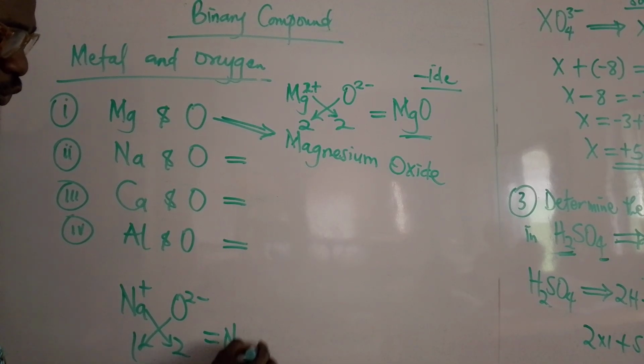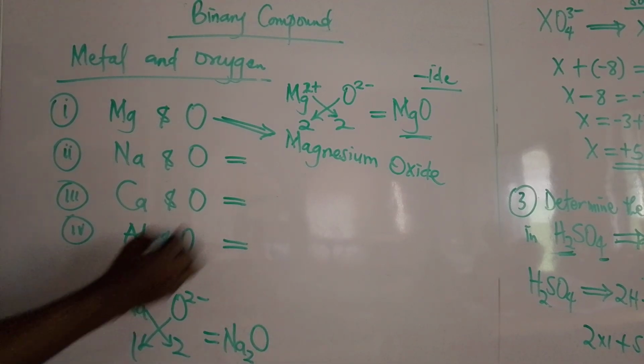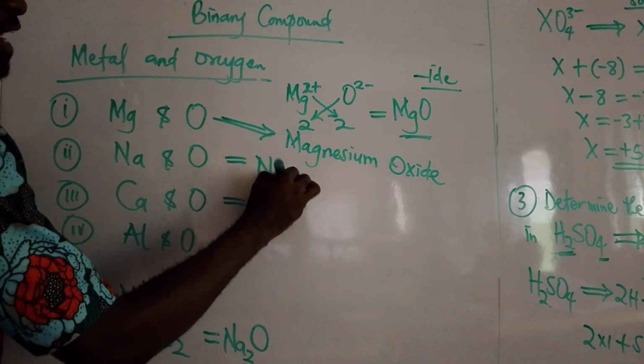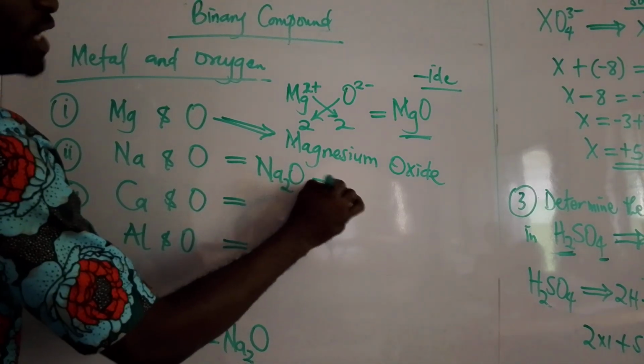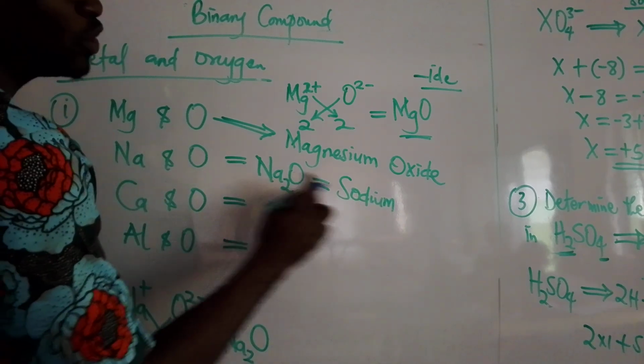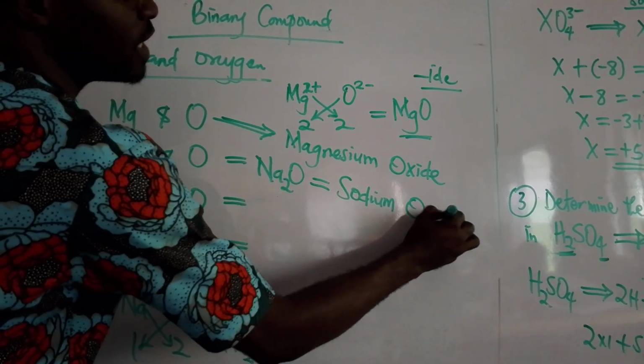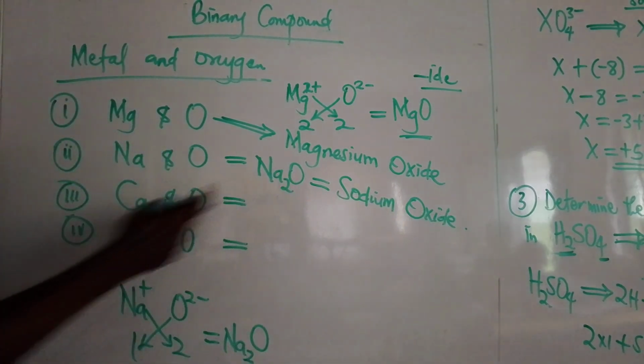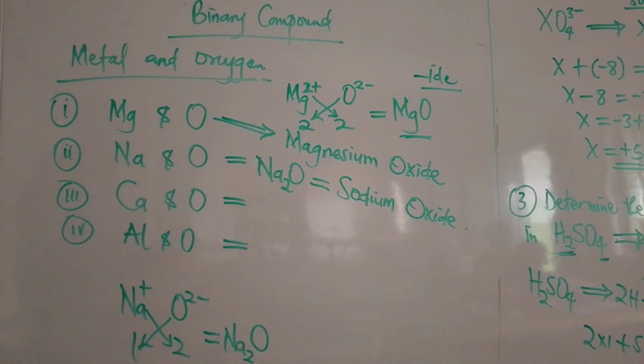Na2 and just what? O. So this one is Na2O. And the name should be what? Sodium oxide. It should be just sodium oxide. Anytime it is a metal, no matter the number that is attached to it, you don't call it. If it is a metal, you don't call the number. So it is sodium oxide.